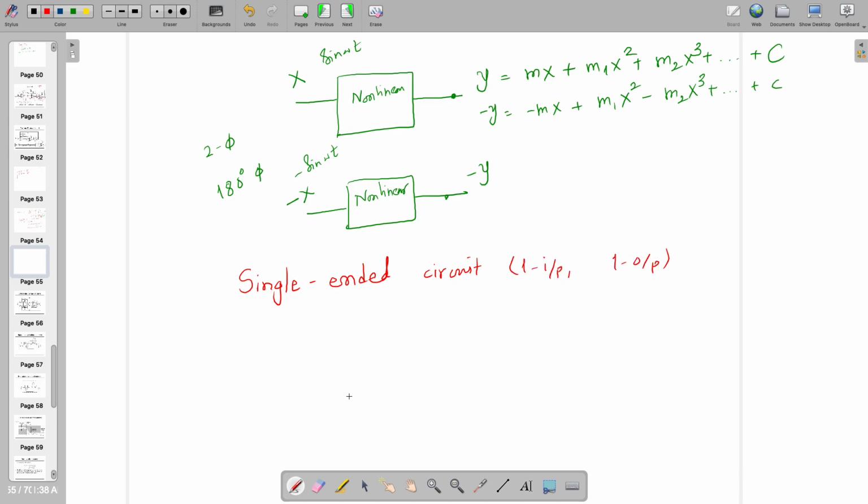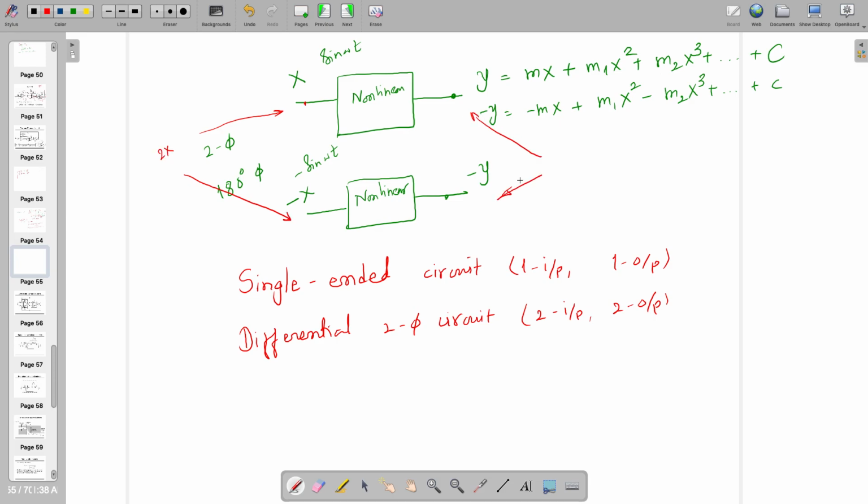But if you create such a circuit which is kept on top, this is known as a differential circuit or differential two-phase circuit, which has two inputs, two outputs, and I'm going to take the difference every time. I'm giving input as actually 2x and checking the output as 2y, because y minus minus y will give you 2y, x minus minus x will give you 2x. When you are doing this, what is going to happen?